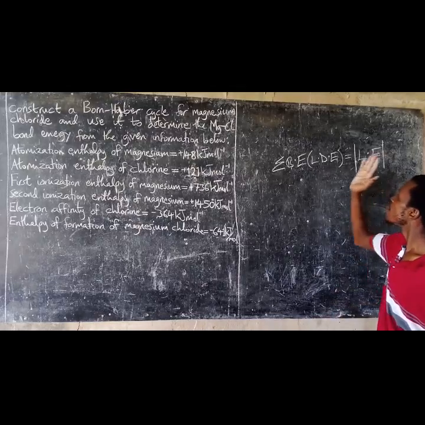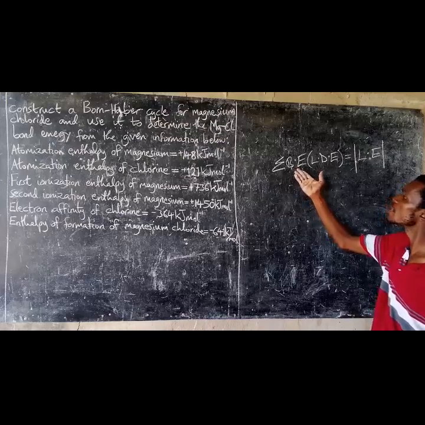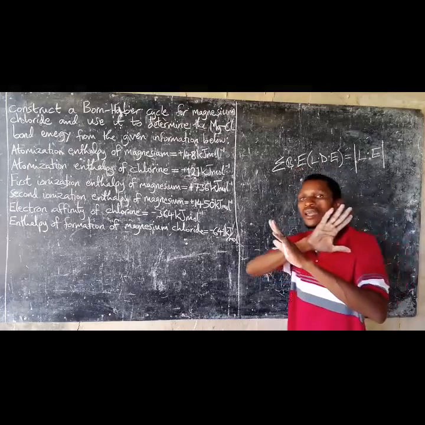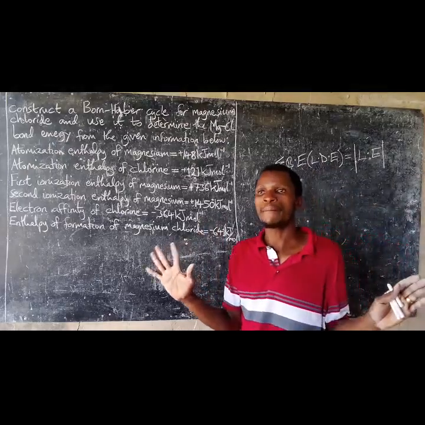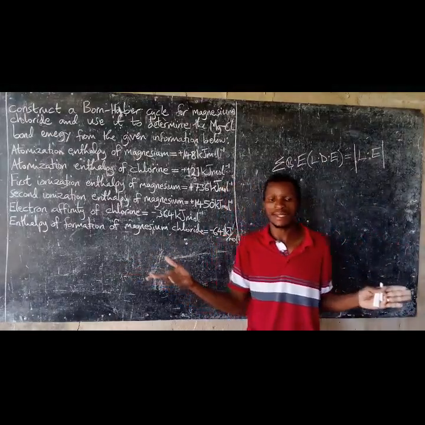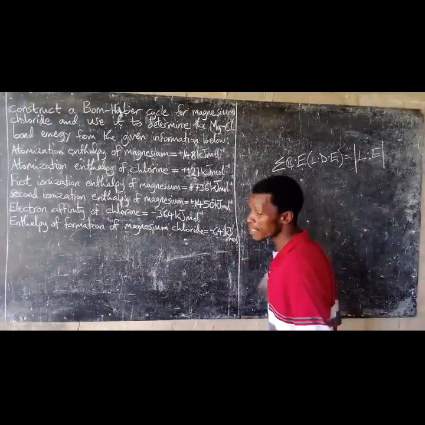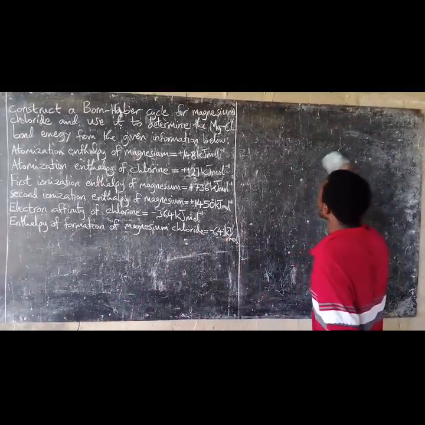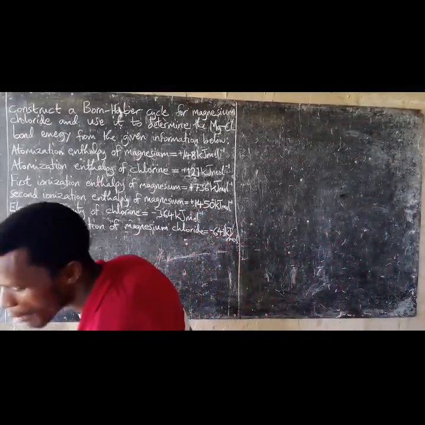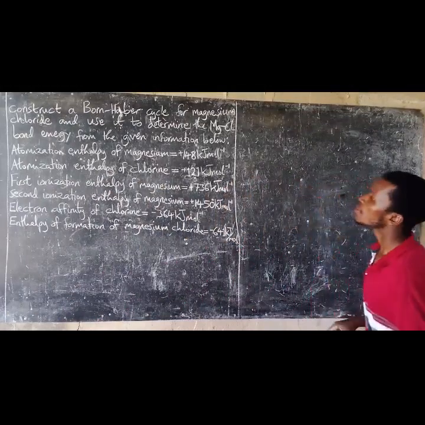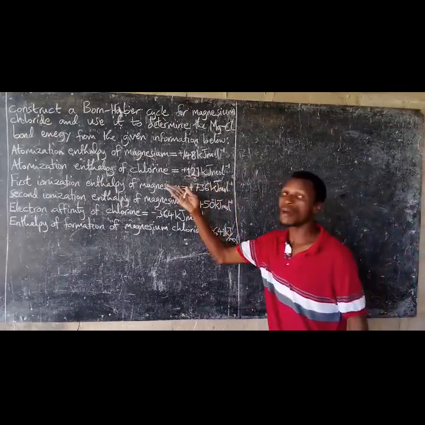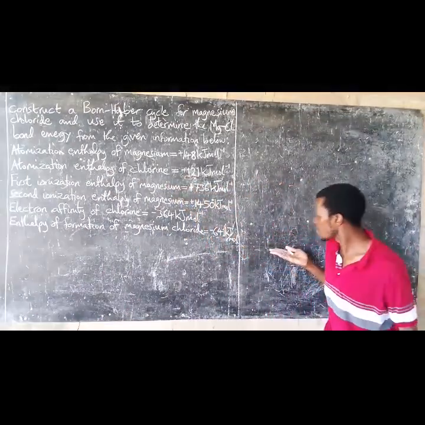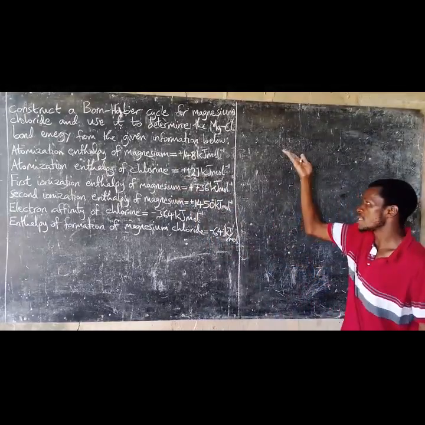Lattice energy and sum of the bond dissociation energy are equal in magnitude but opposite in sign. So we determine first the lattice energy, and then we use it to determine the sum of the bond energies. Now the Born-Haber cycle is drawn from down upward.